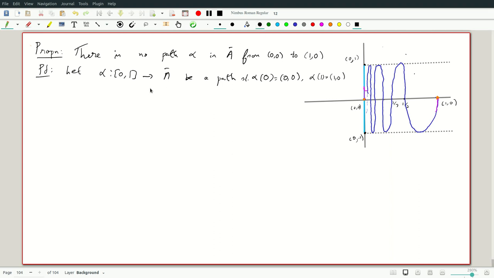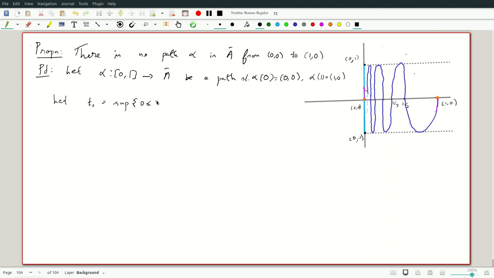We'll use our projection maps, Px and Py. Let t0 be the first point where it makes a leap, which could be 0 itself. There's nothing that says it should stay here for a while, but our definition will include that case.